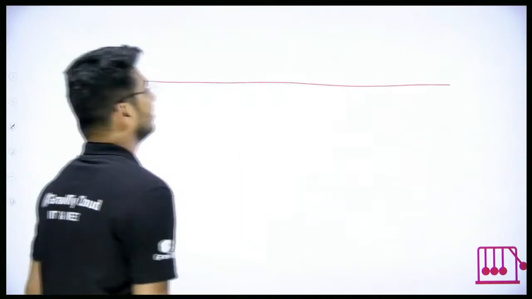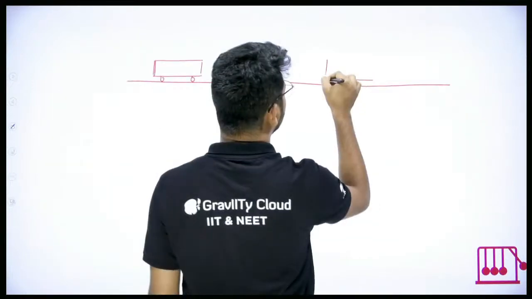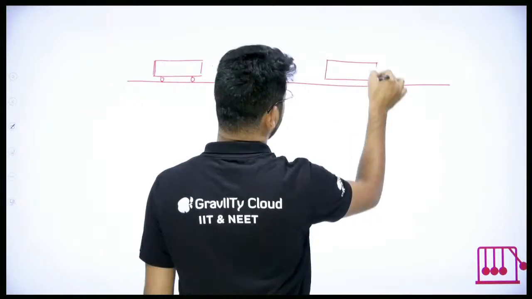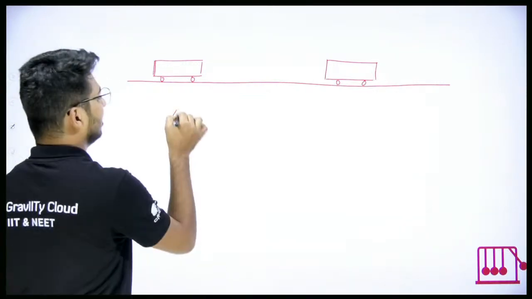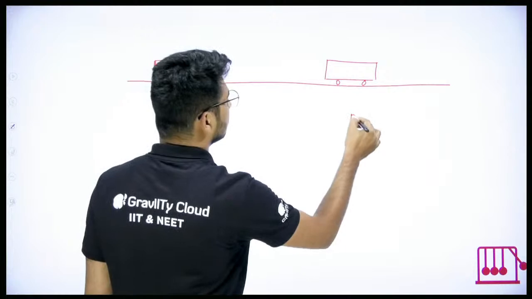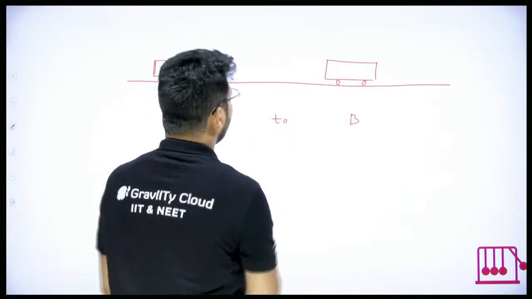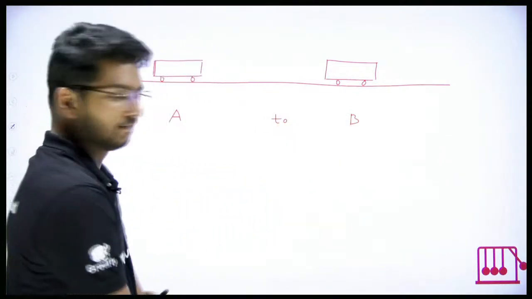If I take a straight road, and on that straight road there is a car. The car has gone from this position to that position, let's say from A to B.